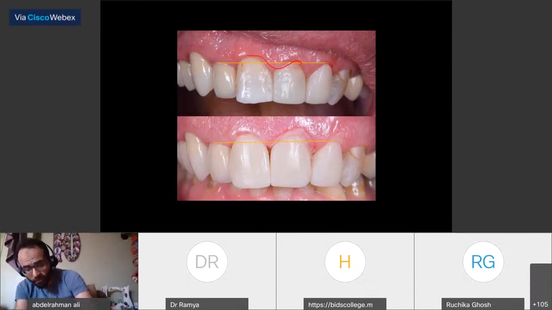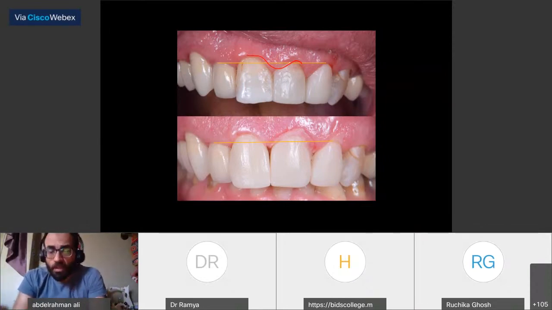And he's right, because you didn't tell him that he can have the two teeth equal in length. When he came to your office, he was expecting perfection. So you have to adjust the soft tissue level before doing that.